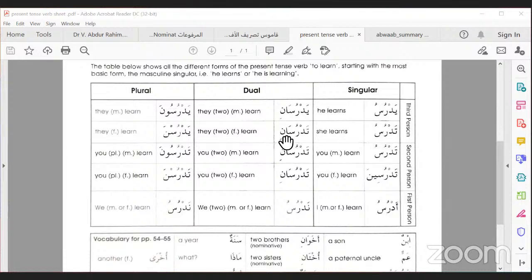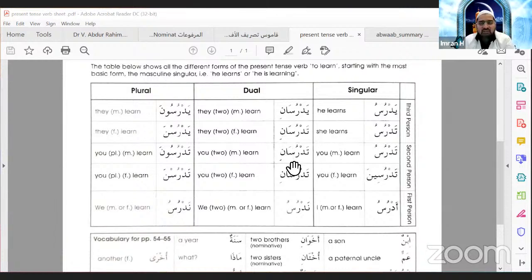The first one he learns is ya. Then why did it change into ta? The reason is this is the way the Arab linguists have formed their language, this is how they construct their verbs. That's the reason why we have to learn in this format.